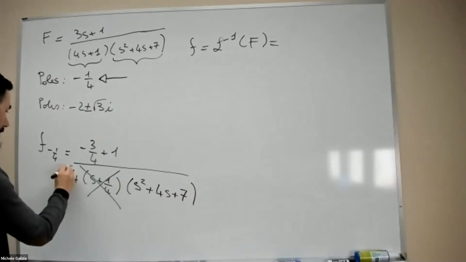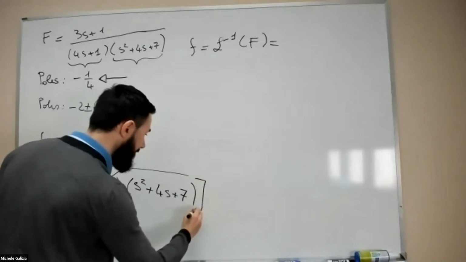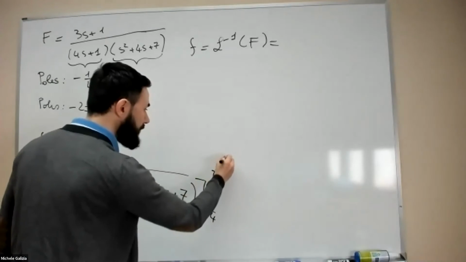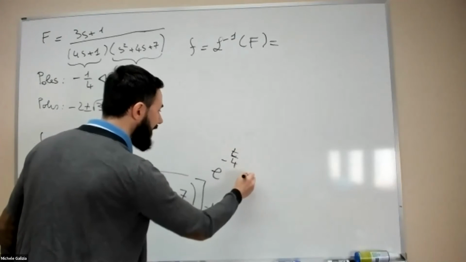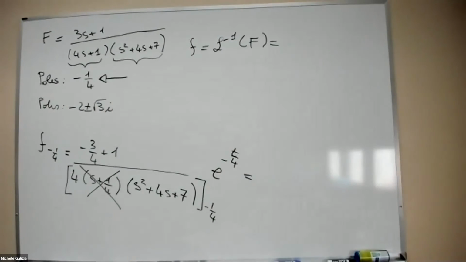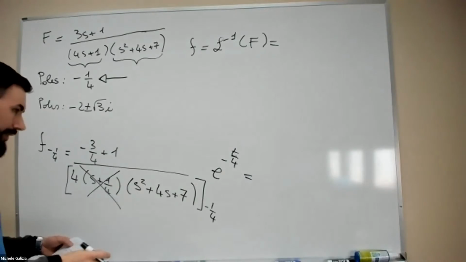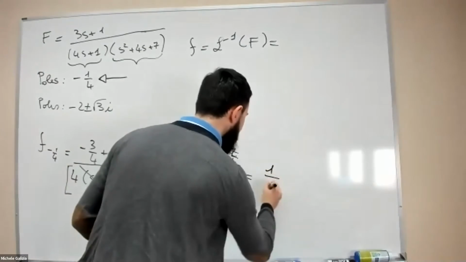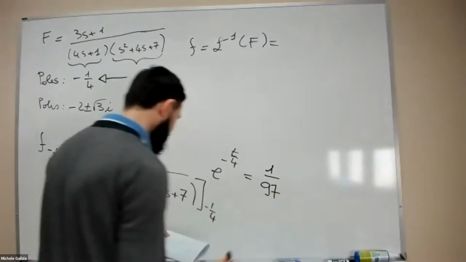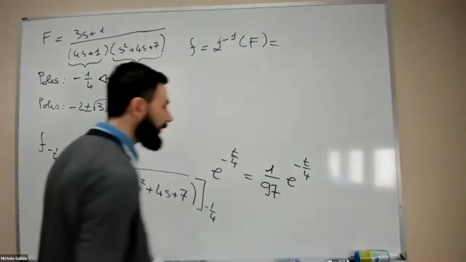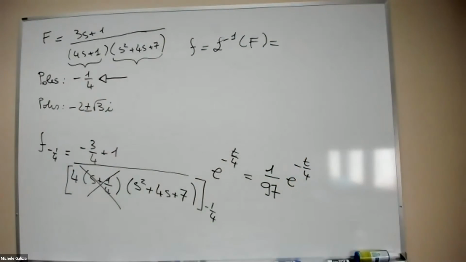This denominator has to be calculated in -1/2, and everything has to be multiplied by the exponential of minus t over 4. So if you just replace minus 1/4 here, you will get 1 over 97 exponential of minus t over 4. And this is the first contribution.